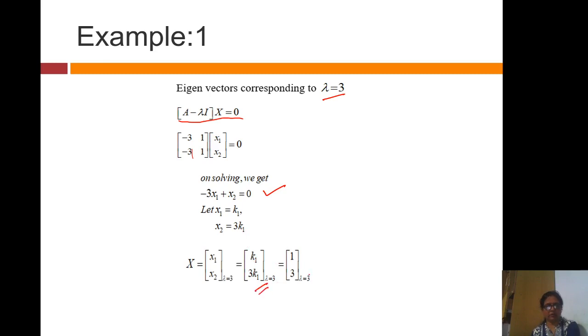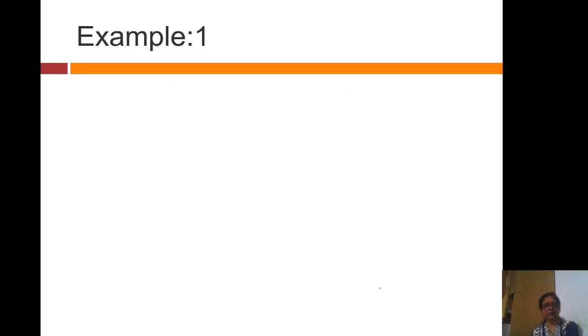We cancel this k1 and write 1 and 3 as the eigenvector corresponding to lambda equal to 3. Then in the next step, we write the model matrix. That means 1, 1 is the eigenvector corresponding to the first eigenvalue 1, and 1 and 3 is the eigenvector corresponding to the second eigenvalue 3.